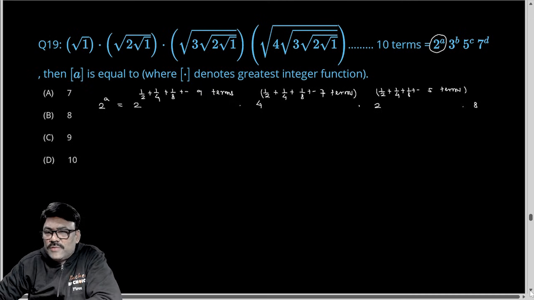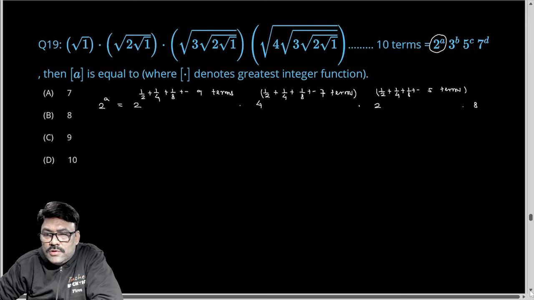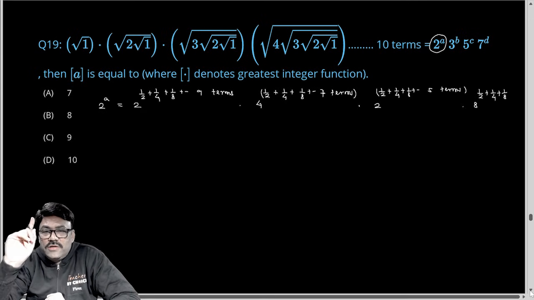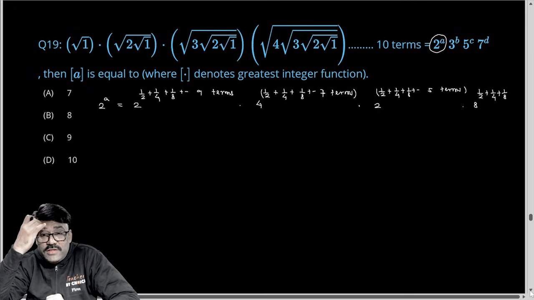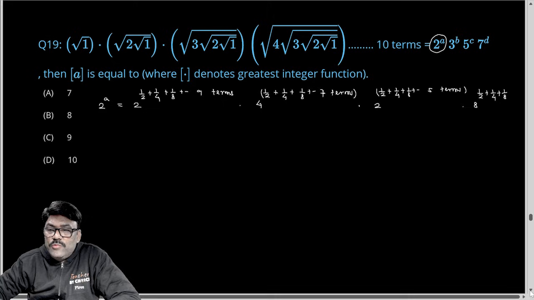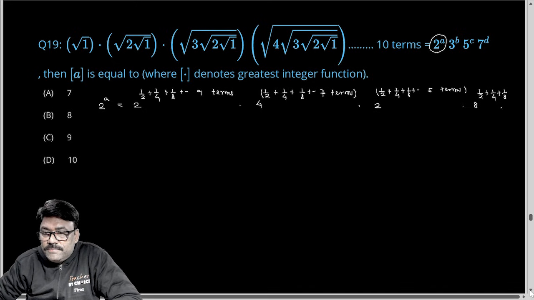So 8 raised to 1 by 2 plus 1 by 4 plus 1 by 8, because you will get 8 only in the 8th, 9th and 10th term. And then one more 2 you will get in power of 10. So that is 2 raised to half, one more 10.